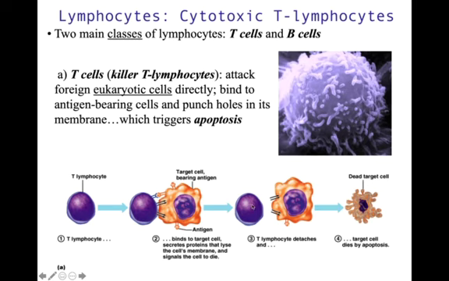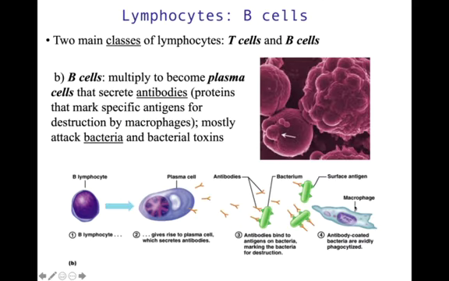And it backs up and says, what's up? And basically, this eukaryotic cell is damaged so much that it can't repair itself, and it undergoes a process called apoptosis, which is programmed cell death. So here we see that cell dying right there. All right, the second class of lymphocytes are called B cells.